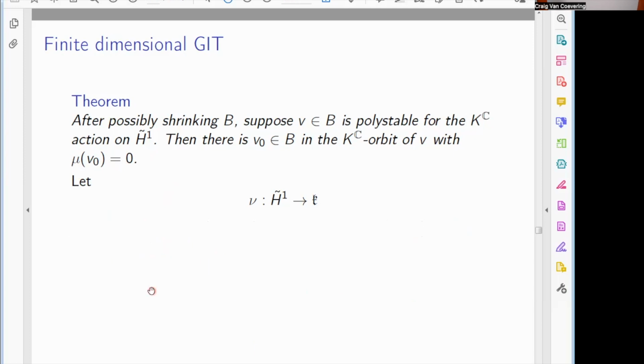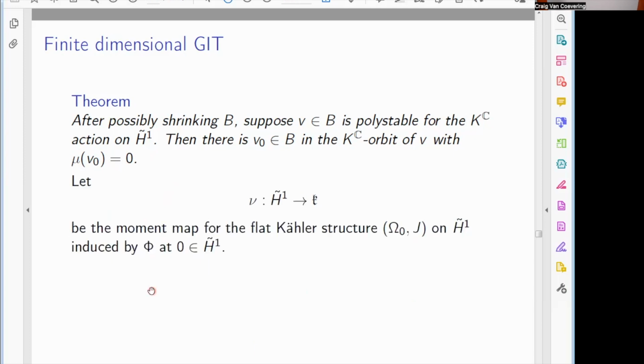There's more to the argument because there are some technical problems, but it's done by considering the action of the automorphism group of the center of the slice J0, so that's K. Then you can consider the flat moment map, so consider the flat Hermitian structure at the center of the slice, and then the moment map of that linear structure.